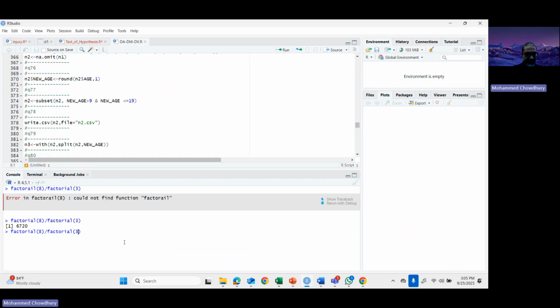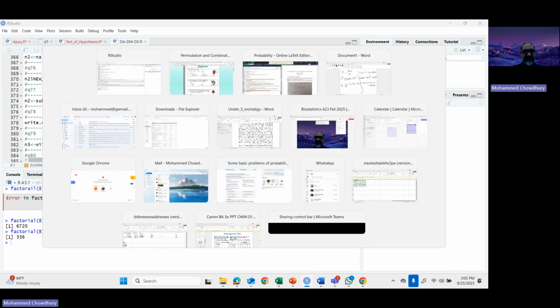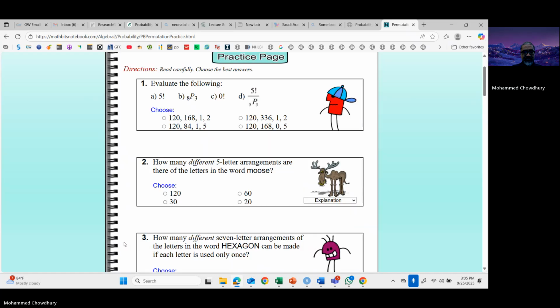Oh, this is factorial 5. 336. Okay. Factorial 0 equal to 1. So this is matching, so we do not need to check the fourth one, right?